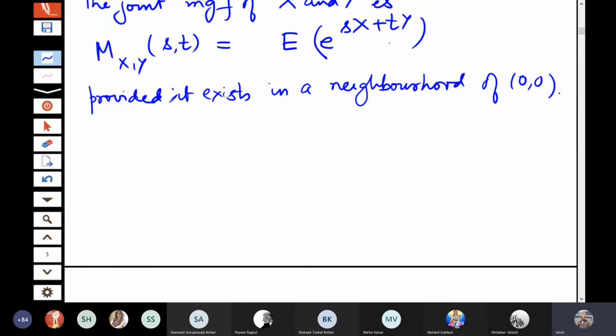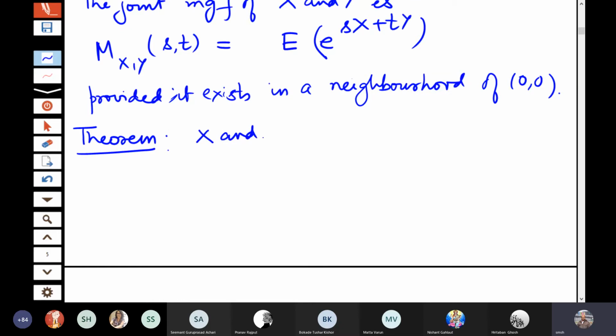That means it is a product of expectations. Now we have seen that if the random variables are independent, then the expectation of a product is equal to the product of the expectations. In the case of MGF, this property is stronger. In fact, this is both necessary and sufficient for independence.